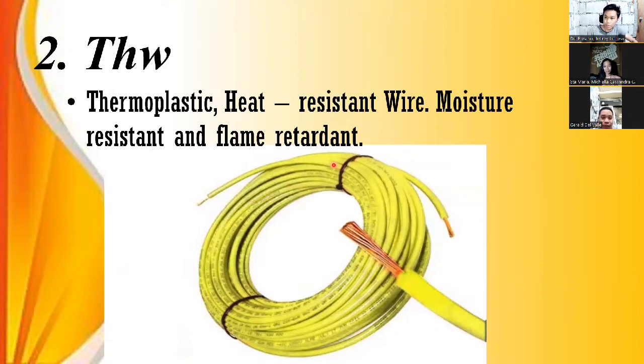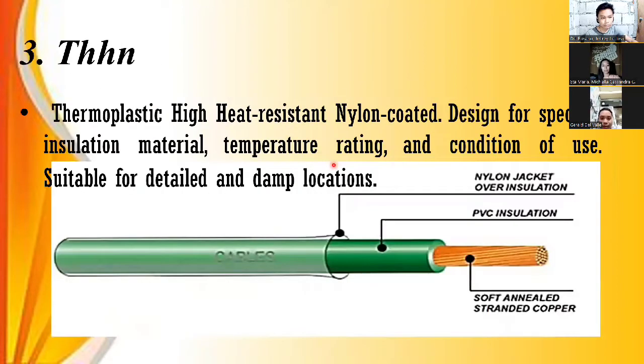So number 2 is the THW or thermoplastic heat resistant wire, moisture resistant and flame retardant. So itong wire na to, pwede siya, nagre-resistant siya sa moisture, yung init na nanggagaling sa wire. Next po.